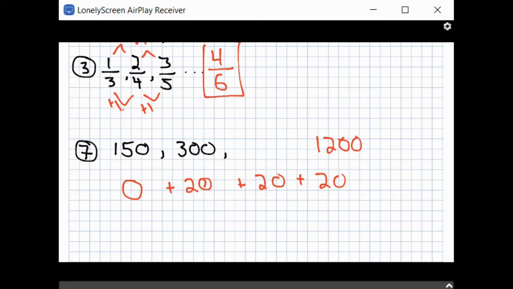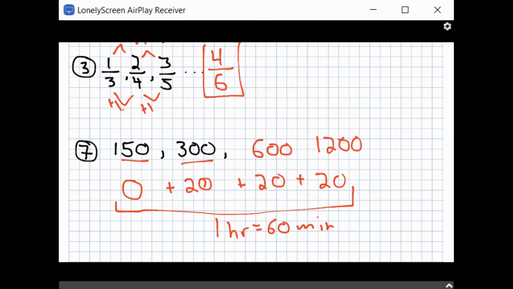We can study this pattern, because an hour is right here. The time that passed here was 1 hour, or 60 minutes. So you had at 0 minutes, 150. At 20 minutes later, there were 300. 40 minutes later, we can conjecture there was probably 600.